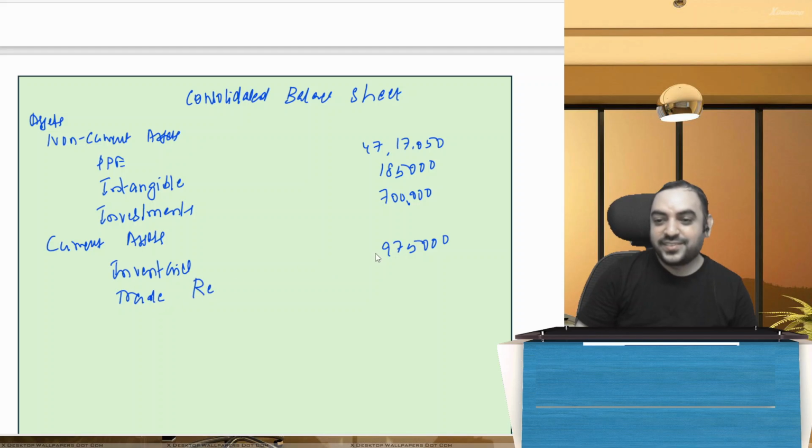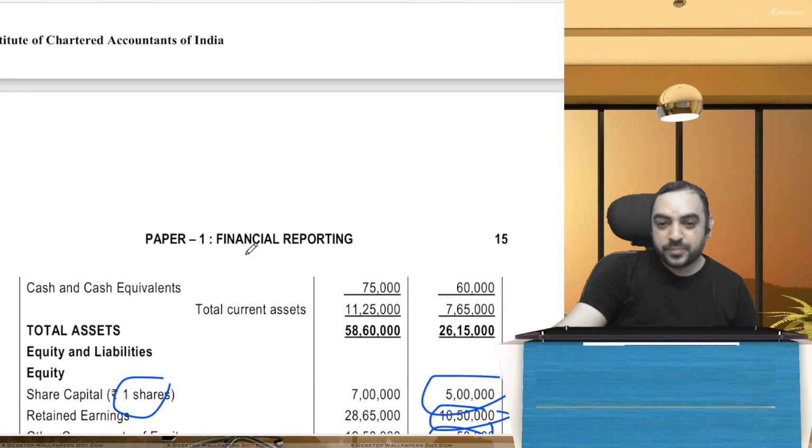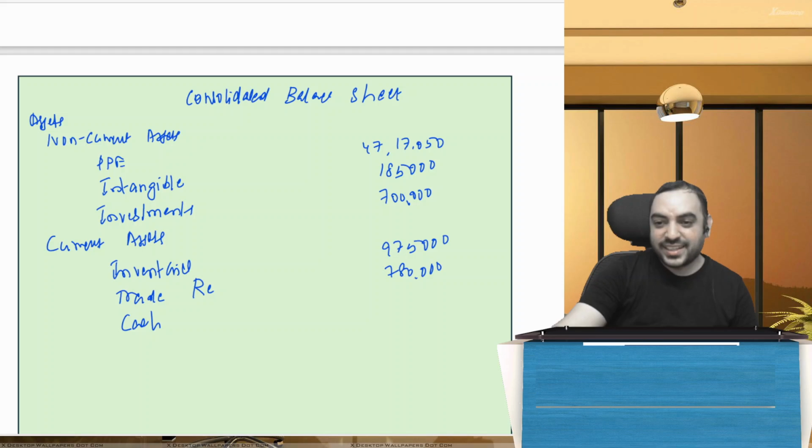Trade receivables 7 lakh 80. Cash and cash equivalents 75, 60, 1 lakh 35,000. Total, I hope the balance sheet is 74,92,650.